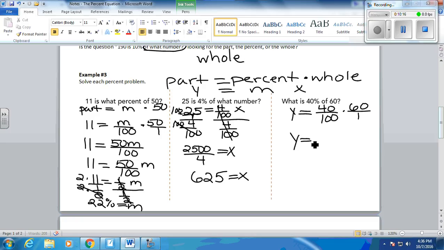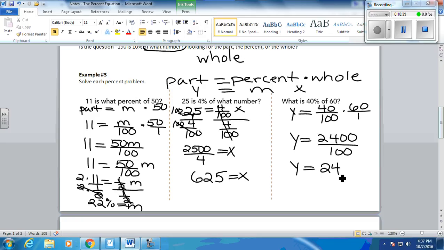You're going to multiply the 40 and the 60, which will give you 2,400, and 100 times the 1 to give me 100. And then I'm really just doing 2,400 divided by 100, and it will give me 24. So there is an example of finding the percent, the whole, and the part.